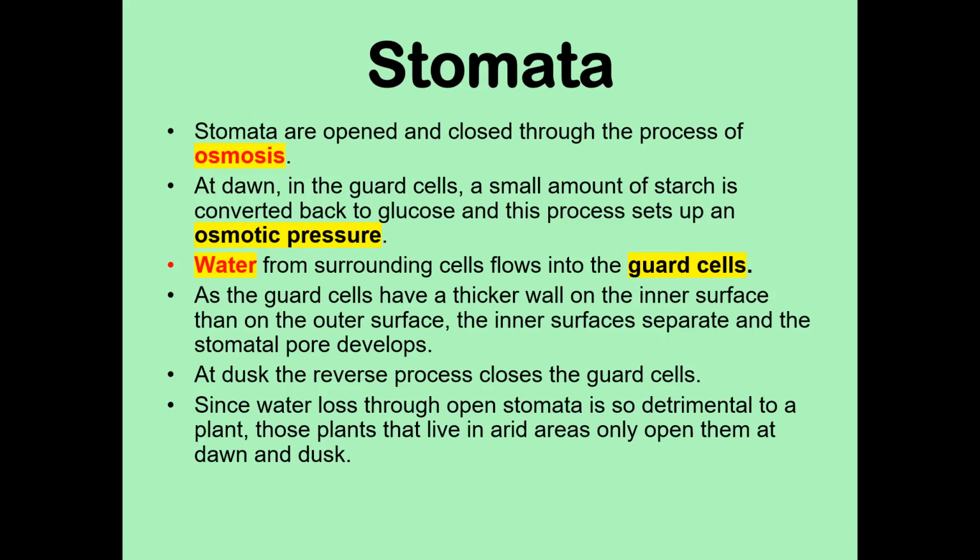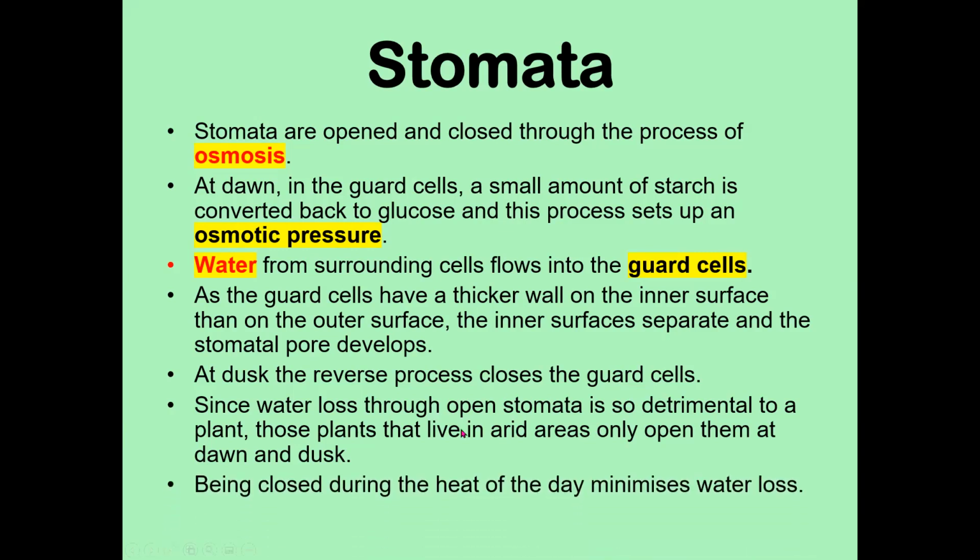And they very quickly produce some glucose, and then they close up. So they keep enough glucose going to keep them going until the next event, which will be at dusk. There's a little bit of light. They have chlorophyll that is sensitive to that light, and that can produce some. So by being closed during the heat of the day, they just try and minimize the water loss.